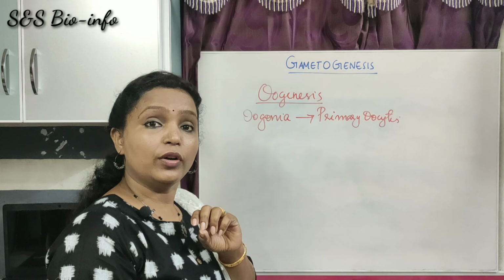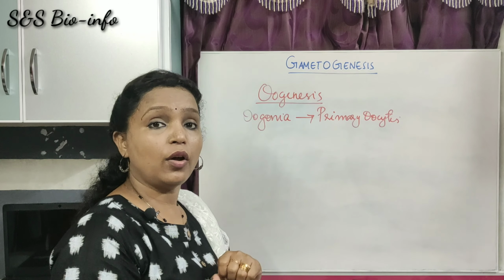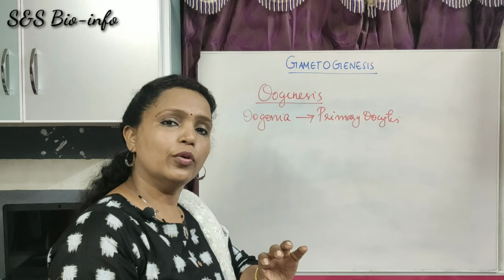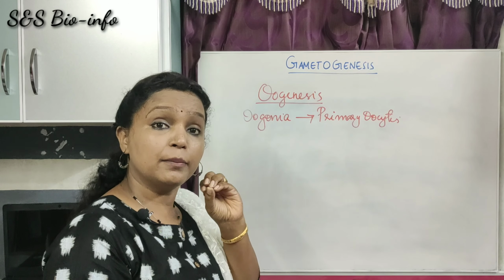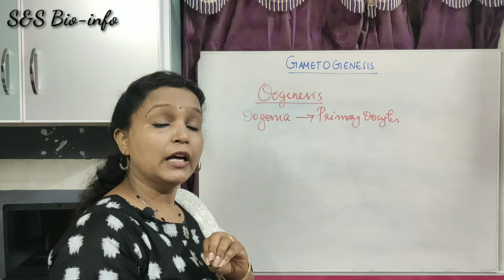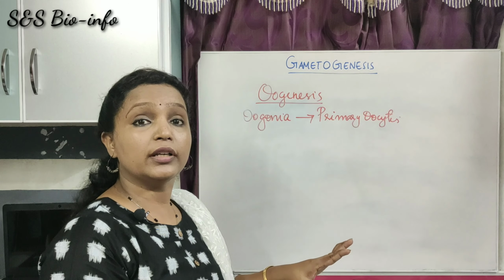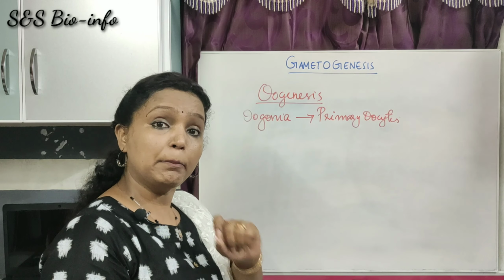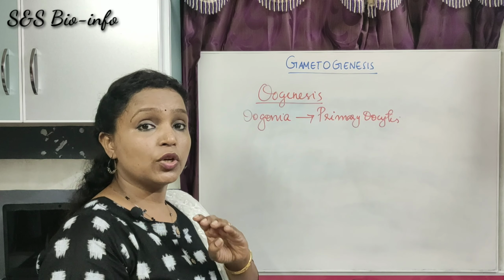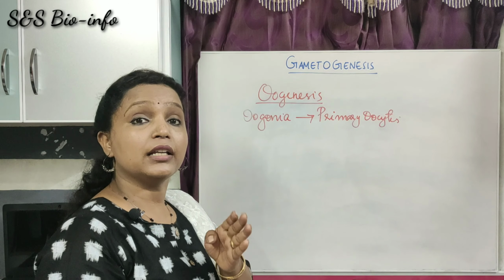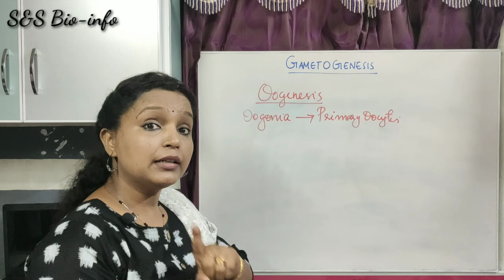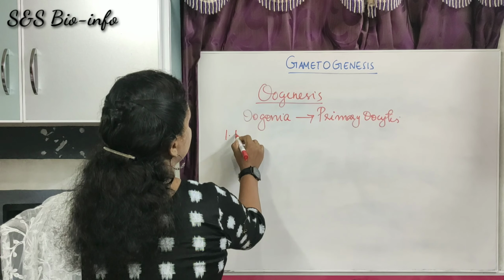2 million oogonia are formed in each fetal ovary. No more oogonia are added after the birth of the female child. That means all oogonia will be developed during the embryonic stage itself. So the first phase in the ovary is the multiplication phase.